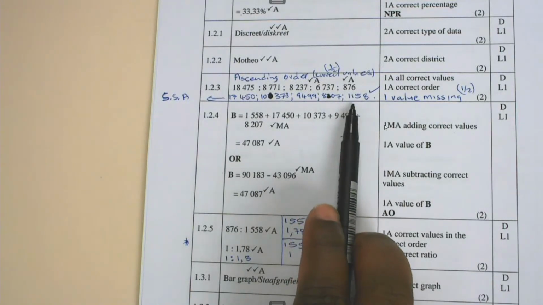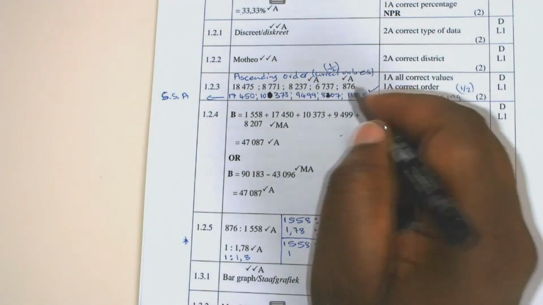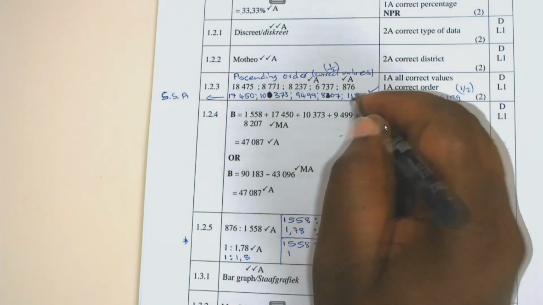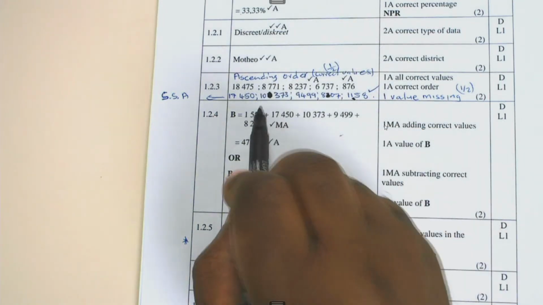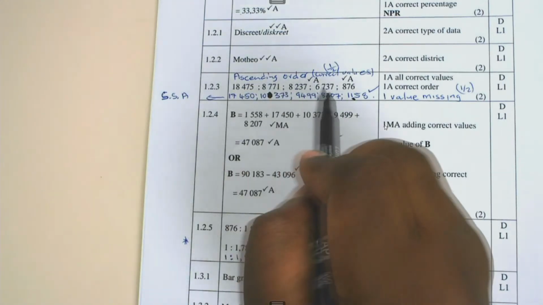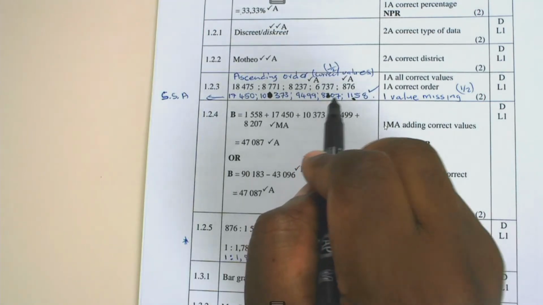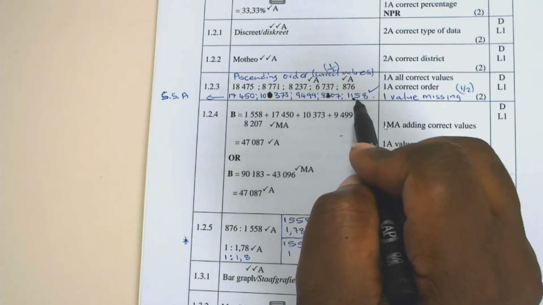And the last one should be 1,558. So we have corrected 3 numbers. We have corrected the second number, which is 10,373. Sorry about that, colleagues. And then the fourth number should be 8,207. And then the last number should read 1,558.